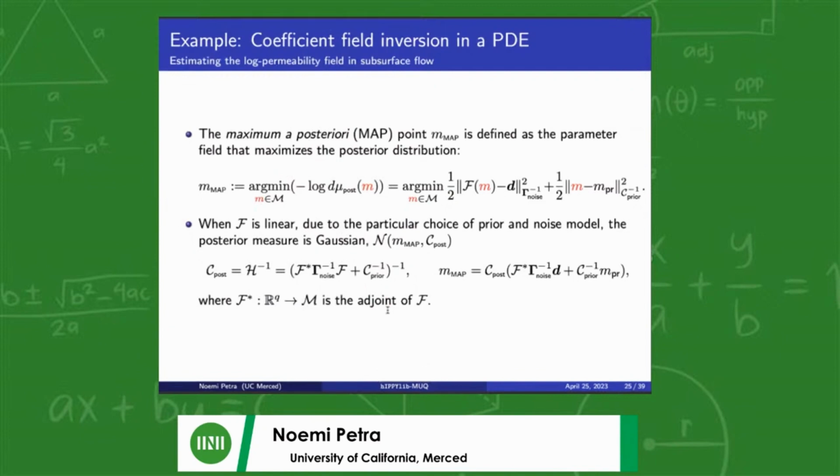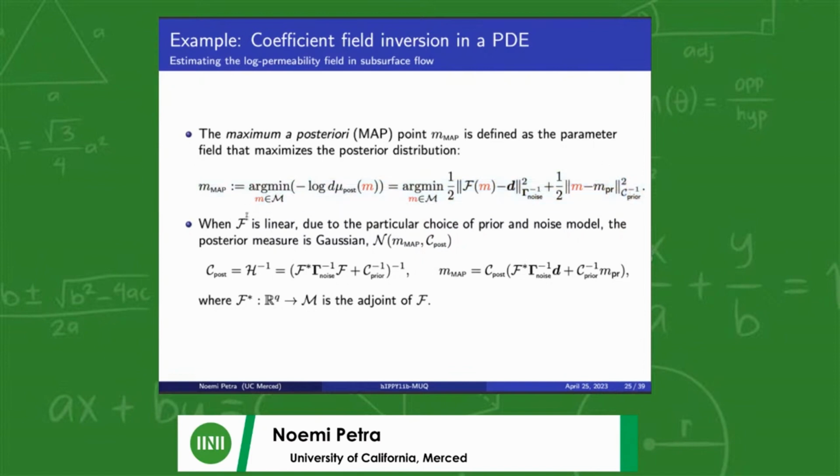So it adds up. To compute this MAP point, in case you are not familiar, we just take the argmin of the negative log posterior, which is the same as solving this optimization problem. Again, this is a kind of deterministic-type inverse problem with some special weights and special, if you wish, regularization.